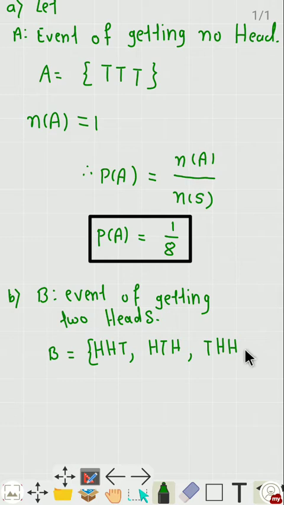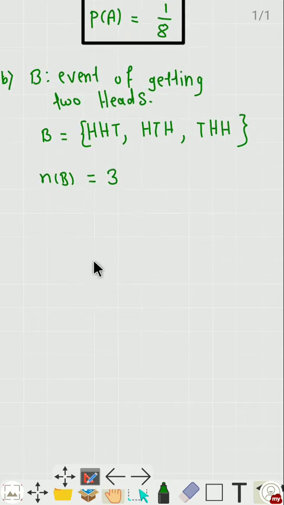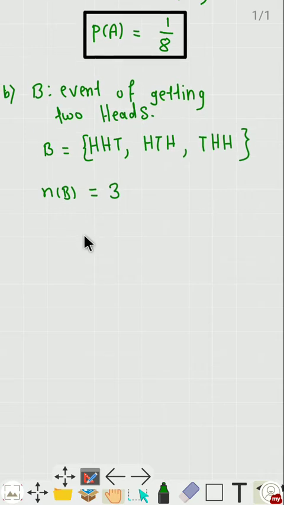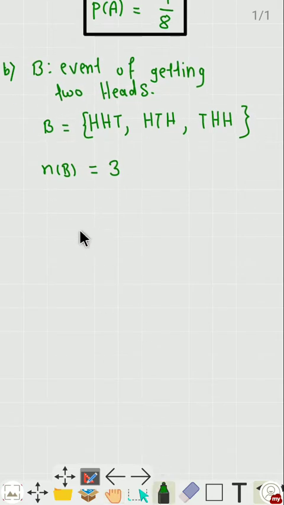There is no other possibility. So the total number of outcomes in B is 3. Therefore, the probability of event B is the number of outcomes in B divided by the number of outcomes in the sample space.